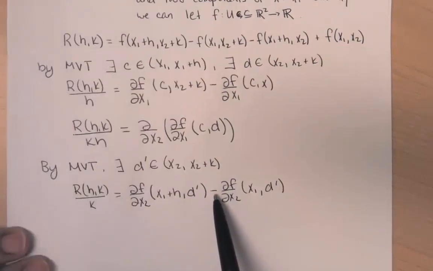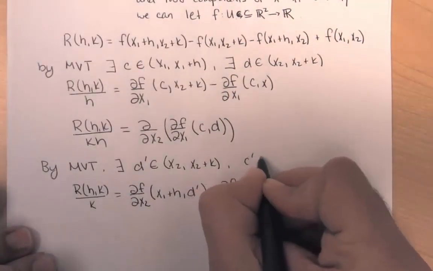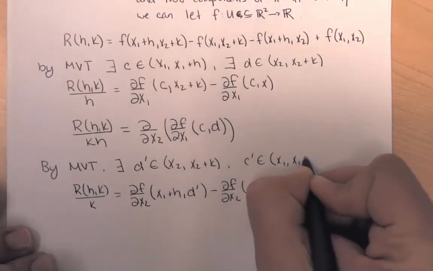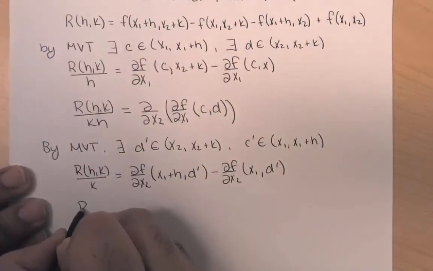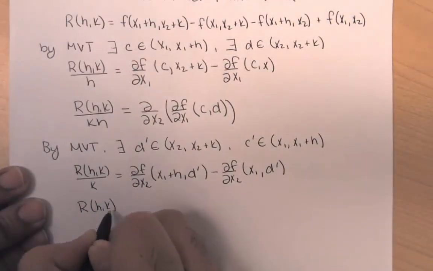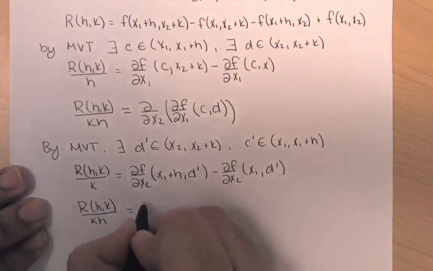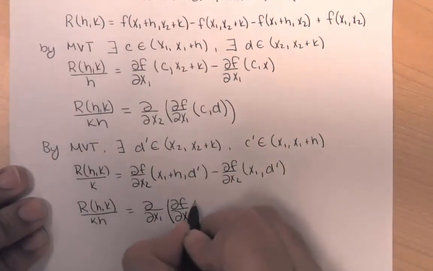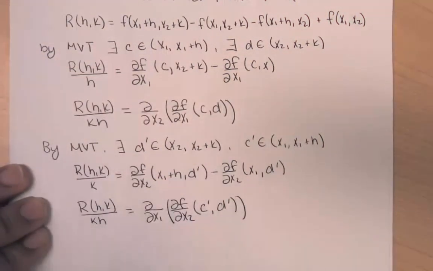So again, because now I have a difference in the first component, there's a c prime in the interval x1 to x1 plus h, such that R(h,k) divided by kh is equal to the derivative with respect to x1 of the derivative with respect to x2 at c prime, d prime.